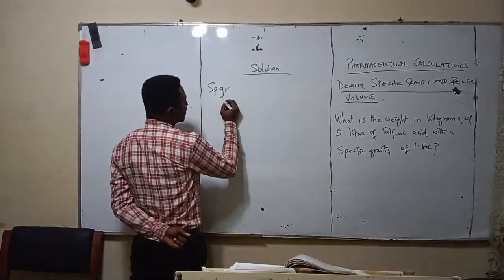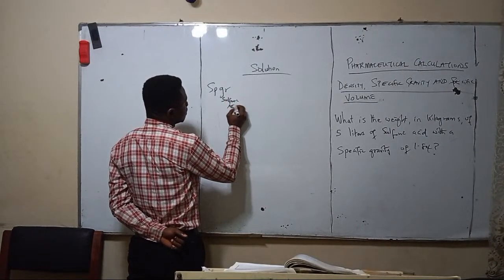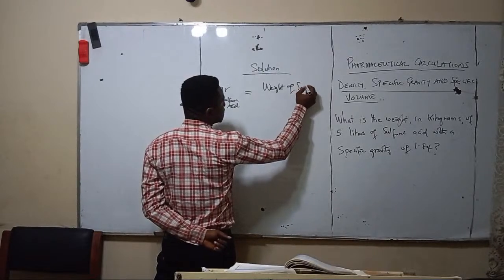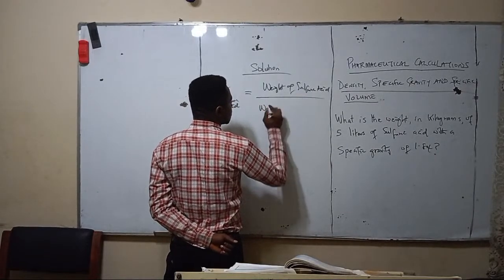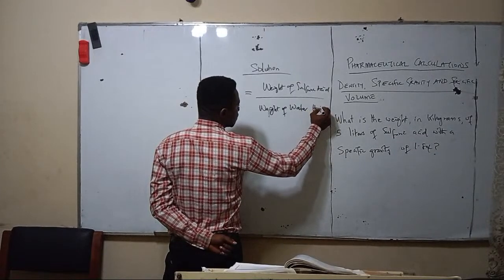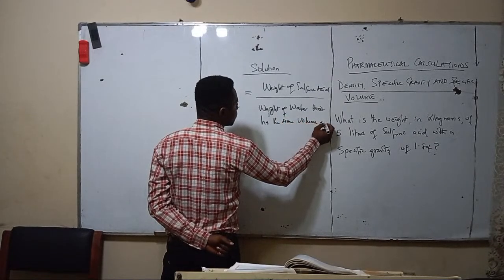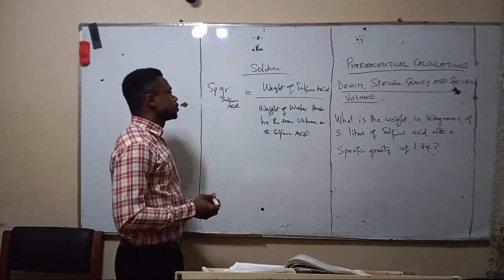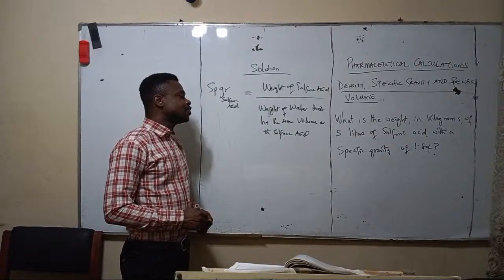So the specific gravity of sulfuric acid is equal to the weight of sulfuric acid over the weight of water that has the same volume as the sulfuric acid.